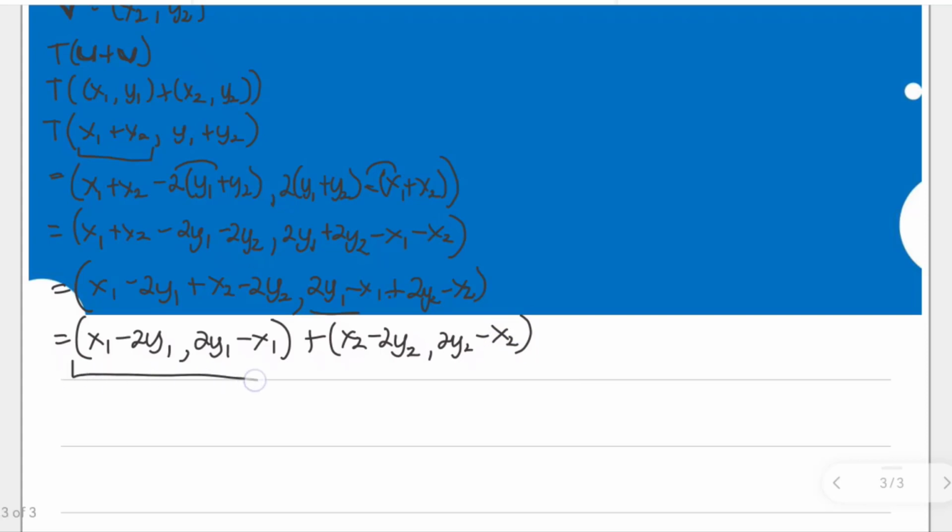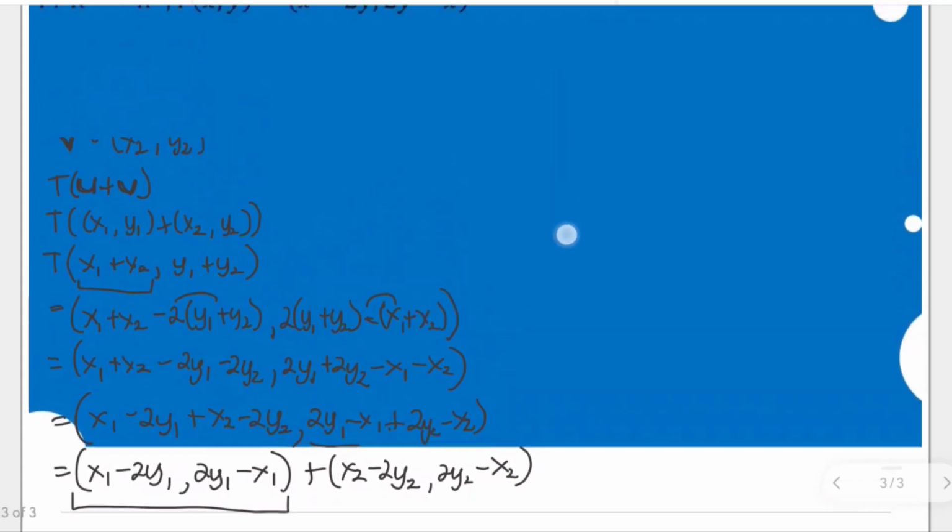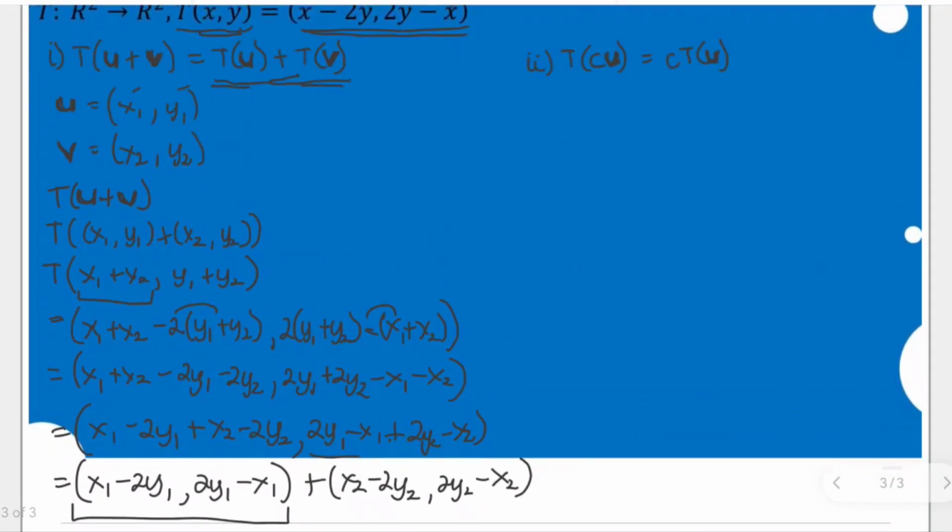Notice that all entries with sub 1s fit the definition: x minus 2y, 2y minus x. The same goes for the sub 2s.